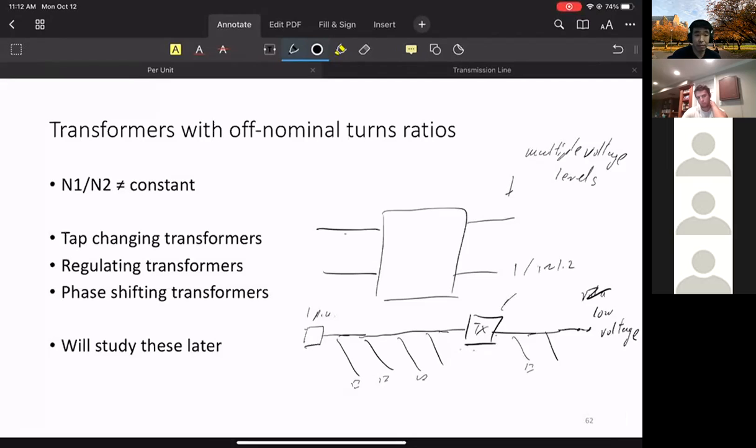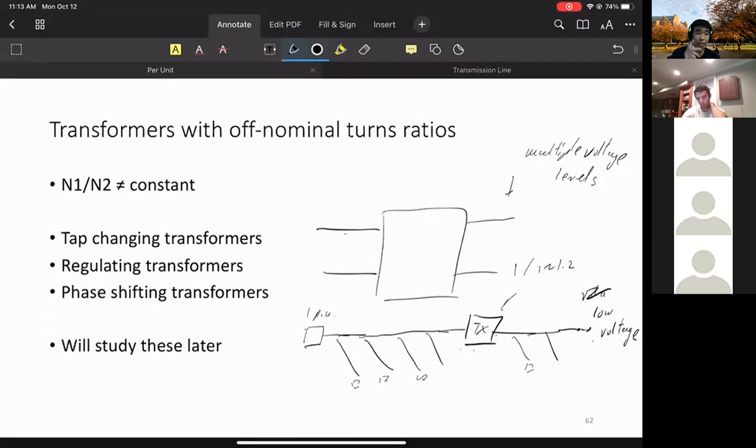So if the load is not very heavy, it's just a 1-to-1 transformer. It doesn't do anything for the voltage. But if the load is very heavy, we'll step up the voltage, so it's okay by the time we get to the end of the feeder. So almost every distribution system will have a tap changing transformer, because the environment changes and the turns ratio may not be constant, depending on the environment, depending on the load in the system. So this is a tap changing transformer.